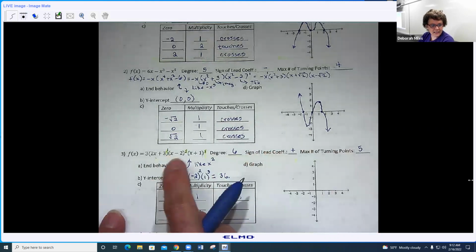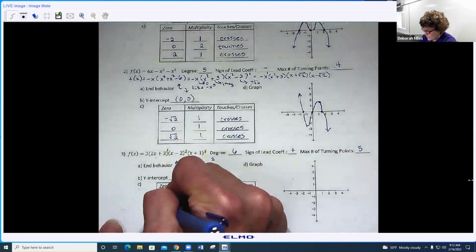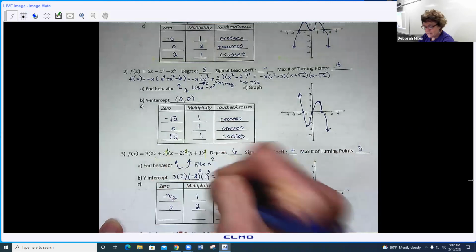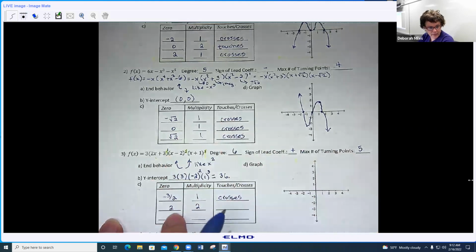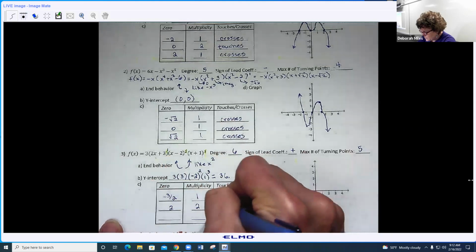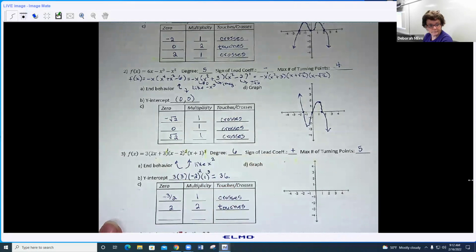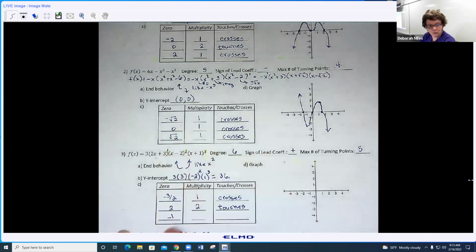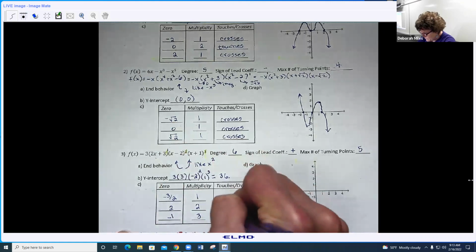When I set the next factor equal to 0, I'd get what? 2, which is a 0 of multiplicity what? 2, which means the graph does what at that point on the x-axis? Touches and does a U-ing. And when I set that last factor equal to 0, I get what? -1 is a 0 of multiplicity, that exponent is 3, which means the graph does what? Crosses.